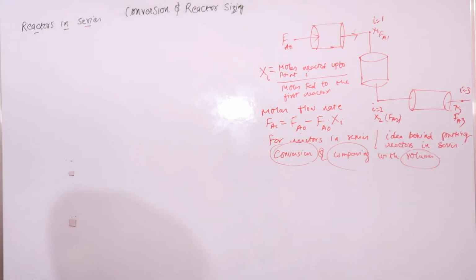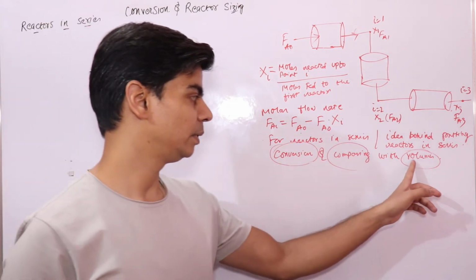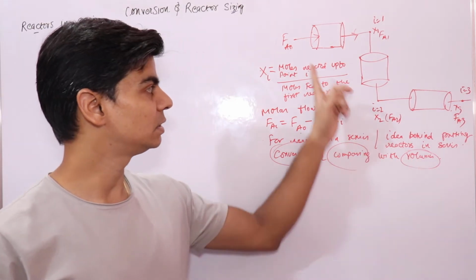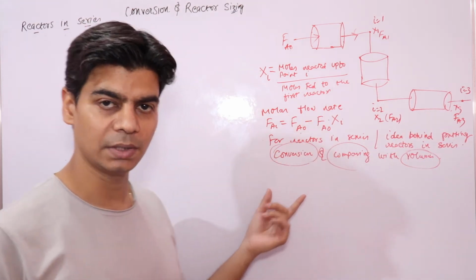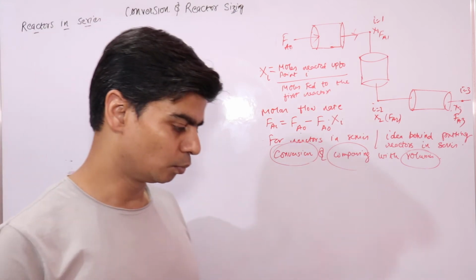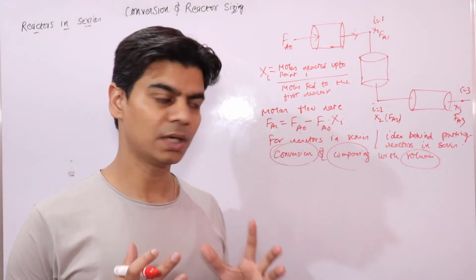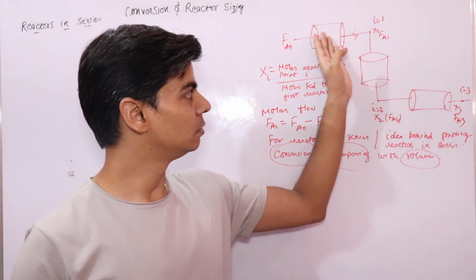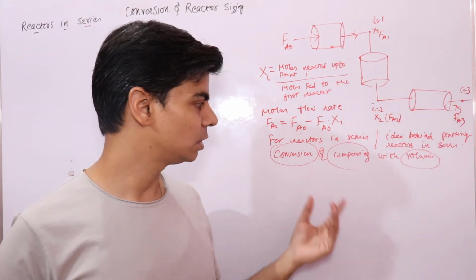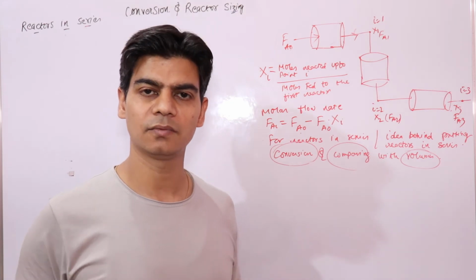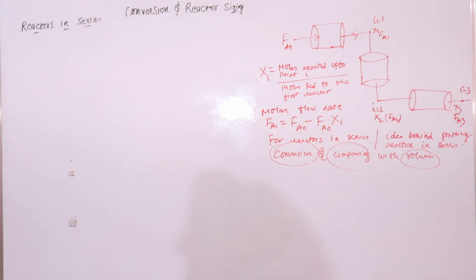We would be comparing volumes for reactors in series or a single reactor for the same conversion, right? And then we'll see whether, if we combine these multiple reactors in series, more volume would be required for the same conversion or less volume would be required. These kind of comparisons we will be doing, right?